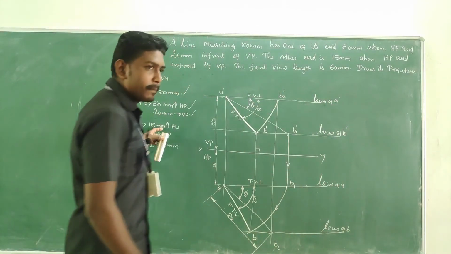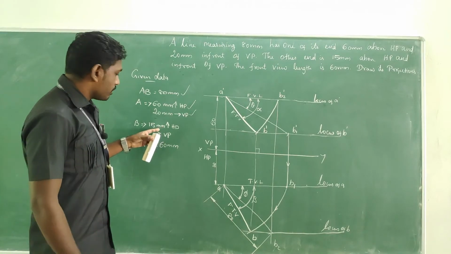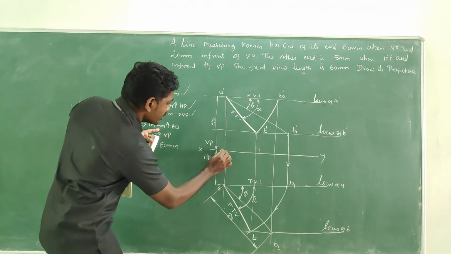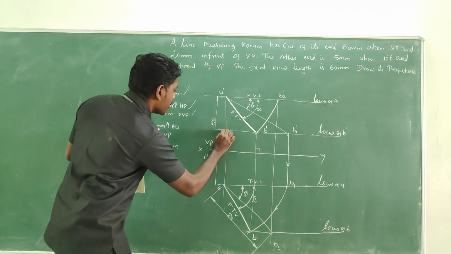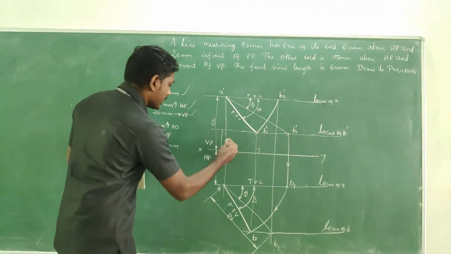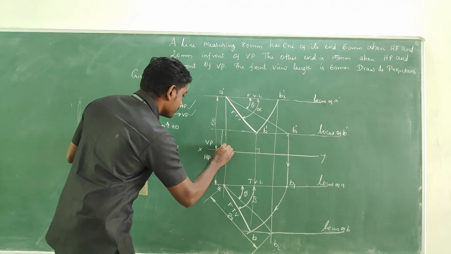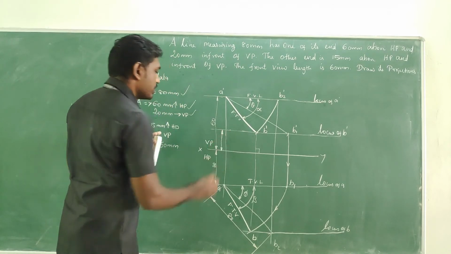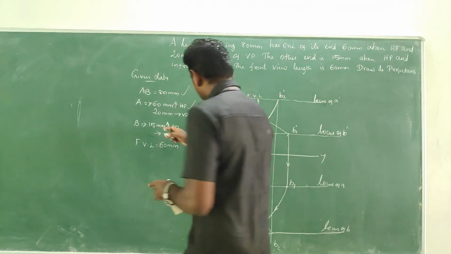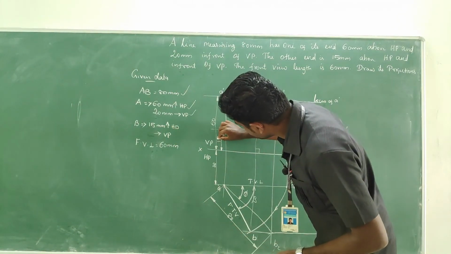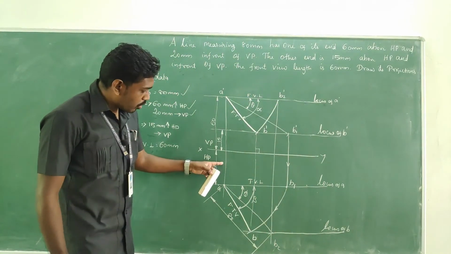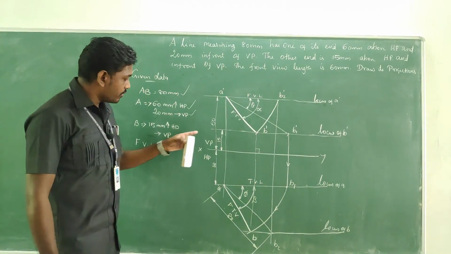One more thing is there, the locus of B, which is 15 mm in front of VP. Here we have space. Since it is a smaller one, you can keep it inside. So you can place it here, capture it with the end arrows, and write above it 15 mm, right? So I hope all four we have captured.